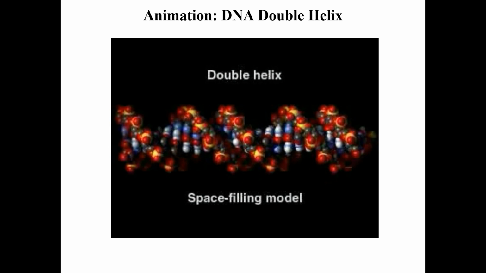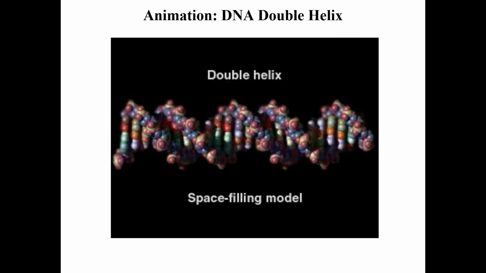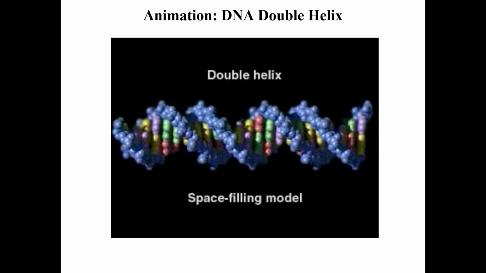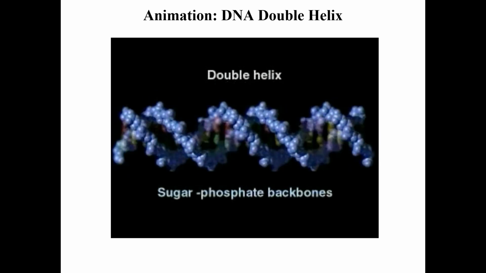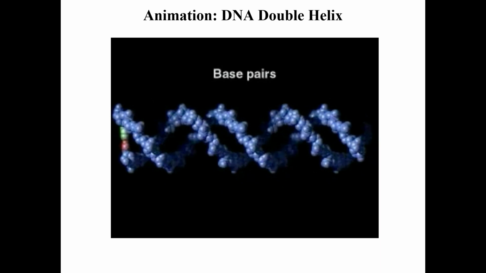The yellow and red phosphate groups make the two sugar phosphate backbones easy to spot. They're on the outside of the double helix. We will highlight the backbones in blue. Now let's look at the crossbars connecting the backbones. Each crossbar is a hydrogen-bonded pair of bases, one from each DNA strand. An adenine is always paired with a thymine and a guanine with a cytosine.